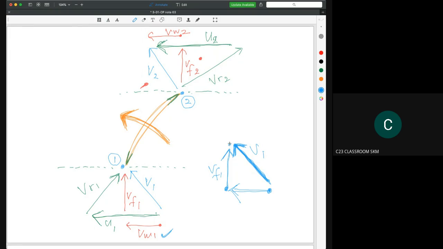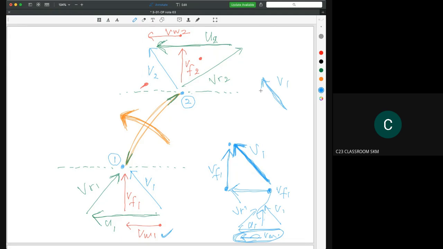Because sometimes a student will draw, okay, we have a V1 here, let's say we have the VR1 here, and this is the U1. Then the student draws this as V1, and he doesn't know where to write, so he just writes V1 here. If you write V1 at this area, it means that you have the resultant velocity here.